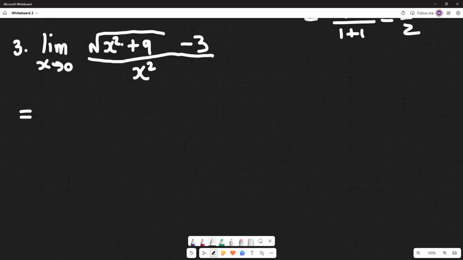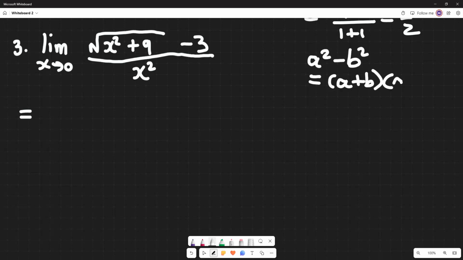So if I have a square root at our level, they're either going to give us a square root or a cube root. If I have a square root, I am going to use the fact that if I have a difference of 2 squares, the answer is going to be a plus b, a minus b. If it was a cube root, you must know how to factorize cubes.